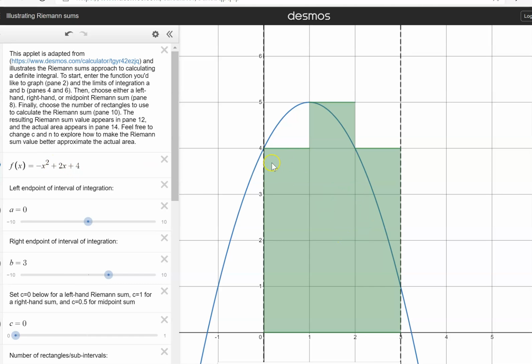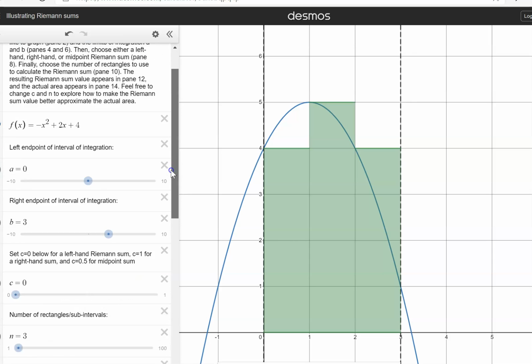Here were my 3 rectangles. They're touching on the left. So I had an area of 4, an area of 5, and an area of 4, just like we did before. But I have these sliders here, which are going to help me break these up into more and more rectangles.